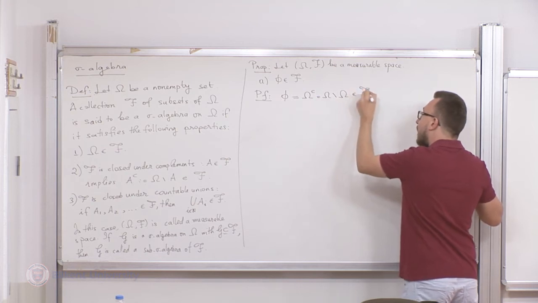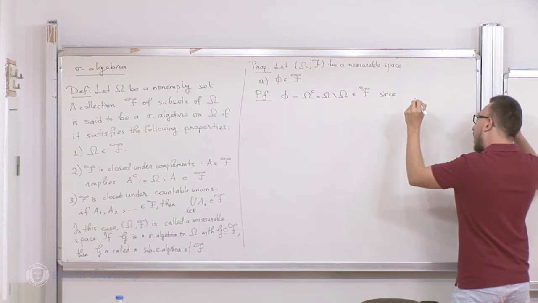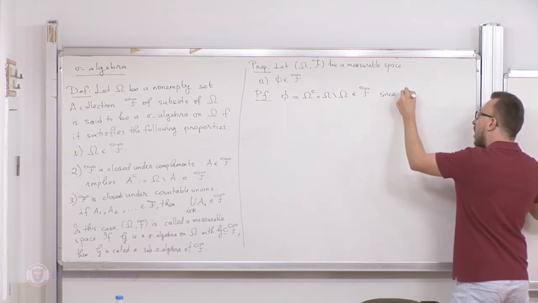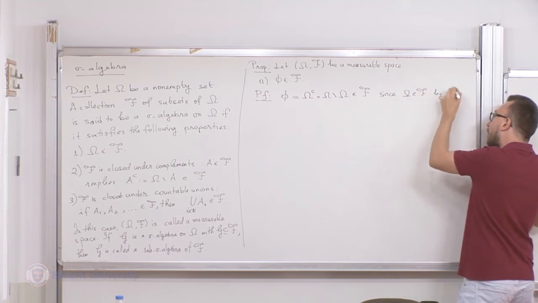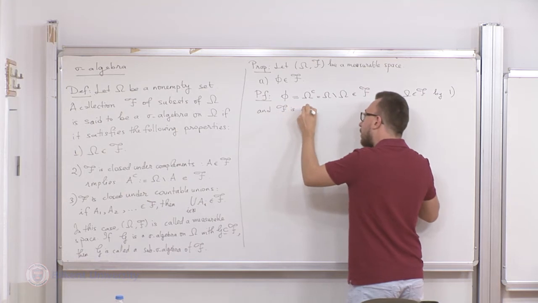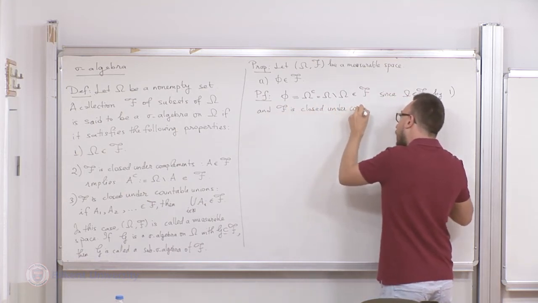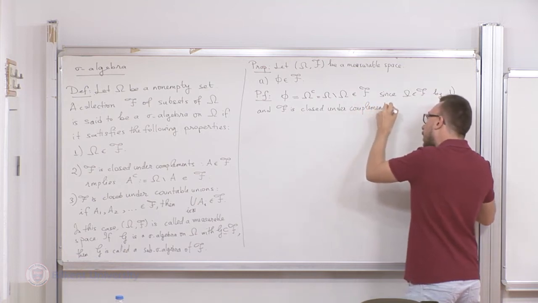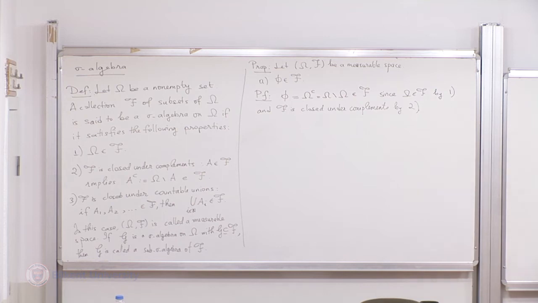And this must be in F, since omega is in F by property 1, and F is closed under complements by 2. Okay.